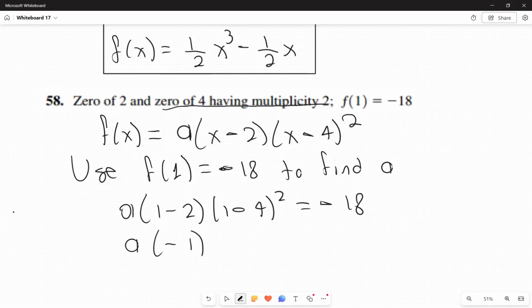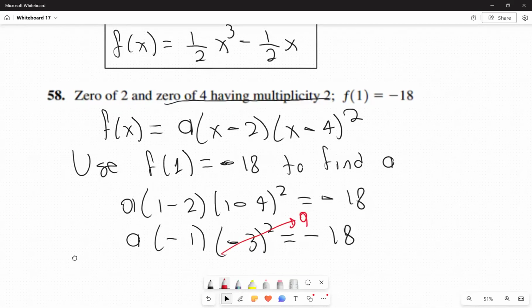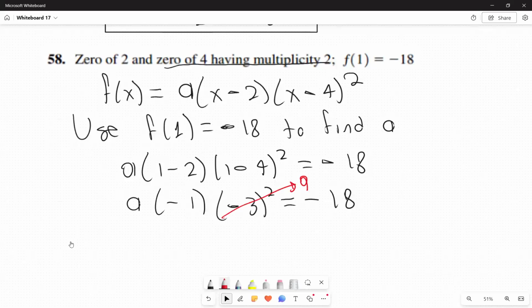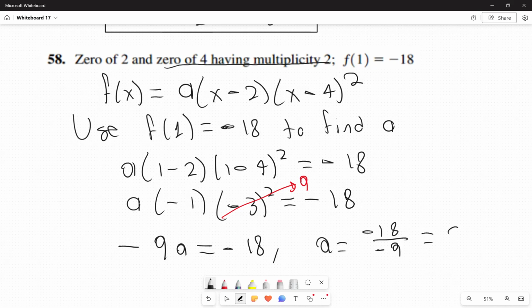And 1 minus 4 squared, that's -3 squared, which is 9. 9 times -1 is -9. And the opposite of 9A is -18. So A is negative 18 over negative 9, or simply 2.